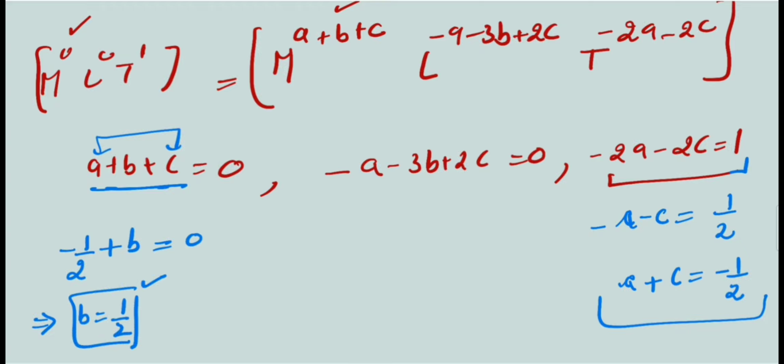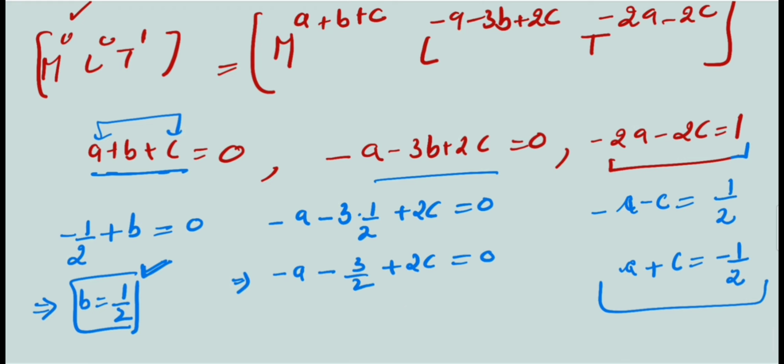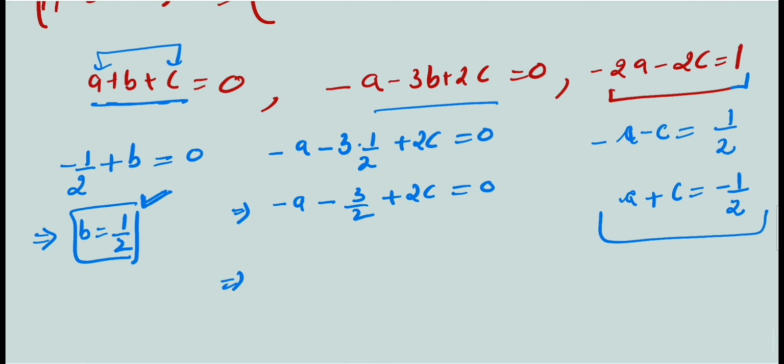Now we'll put this value of B in this equation. So we'll get minus A minus 3 into 1 by 2 plus 2C is equal to 0. So from here we'll get minus A minus 3 by 2 plus 2C is equal to 0, so minus A plus 2C is equal to 3 by 2. Now solve this and this.